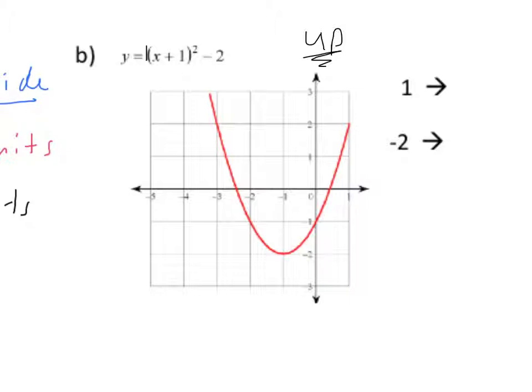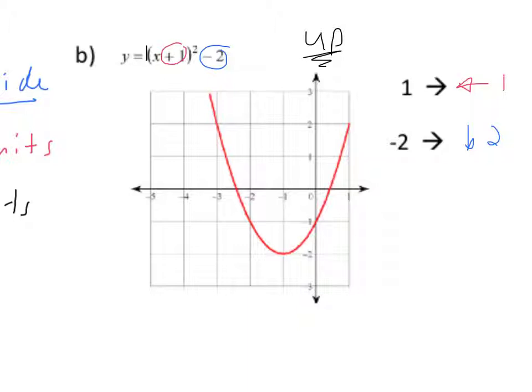The 1 is inside the parentheses, affecting x, and it affects it in the opposite way you think. So plus 1 makes it shift left 1 unit. The 2 is on the outside of the parentheses, and that is after the squared term, and that does as it should, and will go down 2 units.